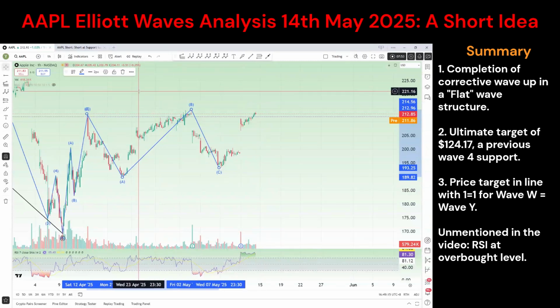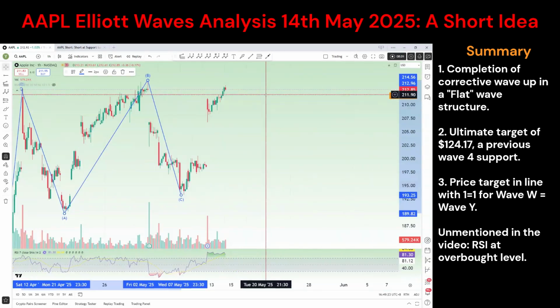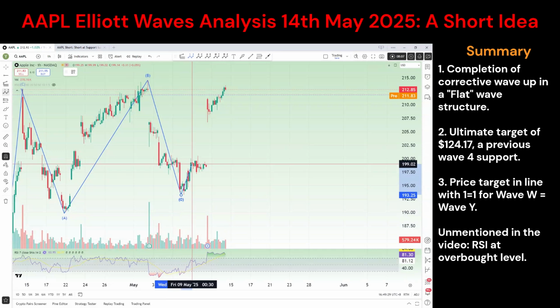So before we do any changes, we look at this move here, this last unlabeled wave. What can it be? For now, what I see is probably like this.